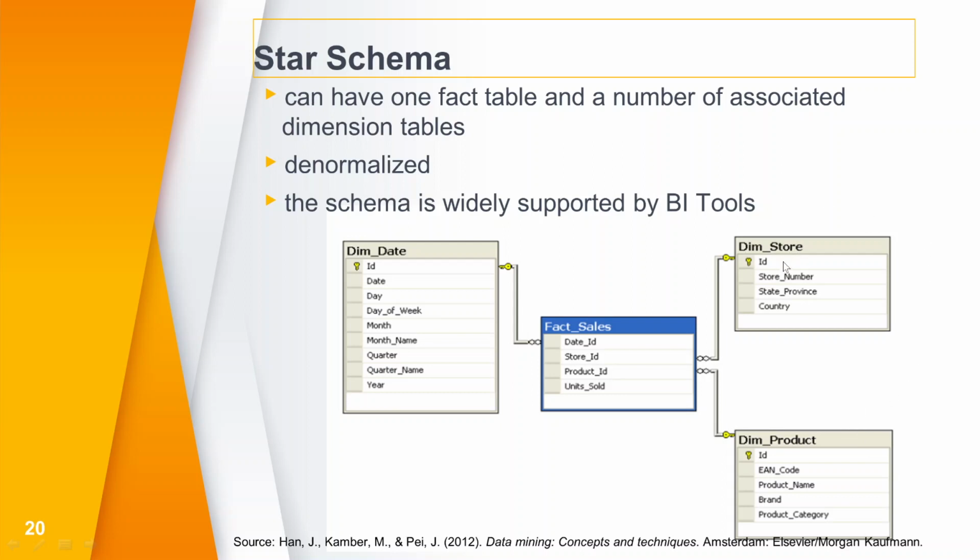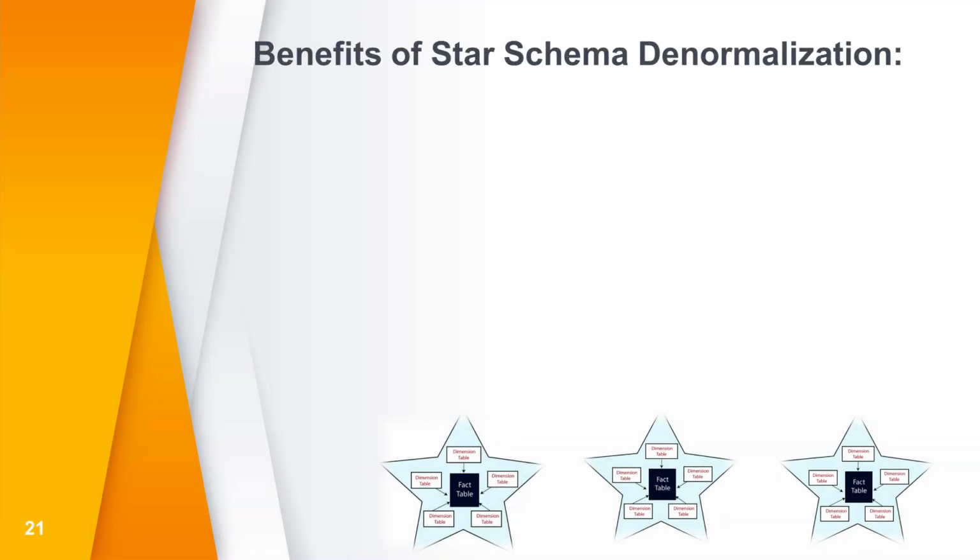Notice that aside from having a natural key as our primary key, we also have an ID. The ID in the different dimension tables is considered a surrogate key. As we mentioned, surrogate keys are system-generated or warehouse-generated keys. So what are the benefits of star schema denormalization?